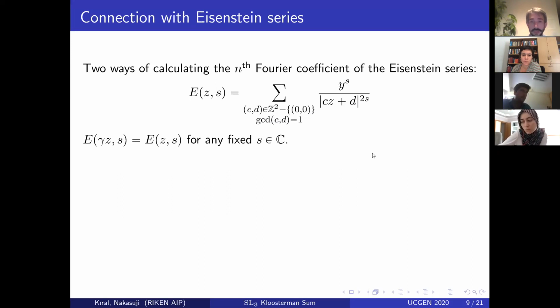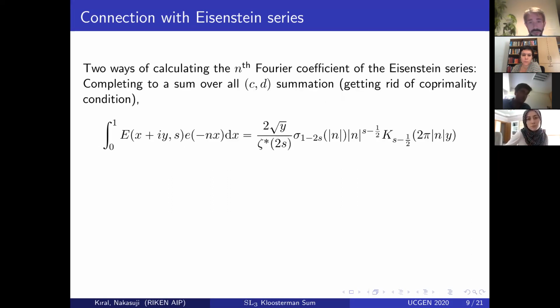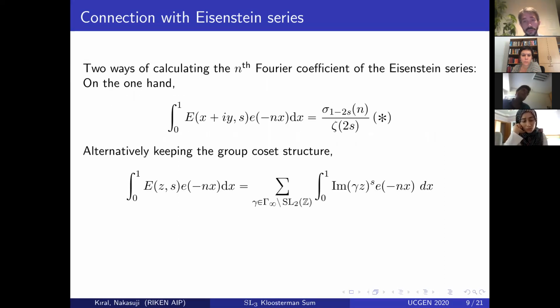This is typical for those in analytic number theory, people do this all the time, but I'm just going to skip it and jump to the point. The nth Fourier coefficient of the Eisenstein series is given as such. It's too explicit for my purposes at the moment, so I'm just going to write it as a star, an asterisk. I'm not writing everything down. So it is sigma, the divisor sum function, over zeta of 2s.